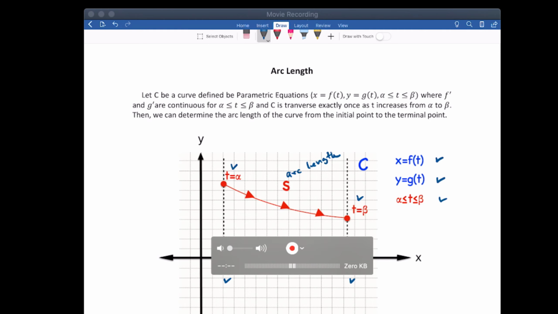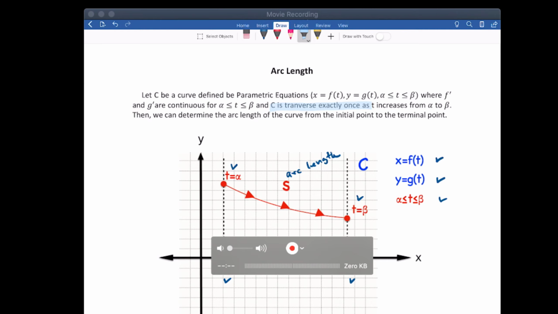When I read this, it says, let C be a curve defined by parametric equations where f prime and g prime are continuous over the interval, and C is traversed exactly once as t goes from alpha to beta. So it's really just over the interval.